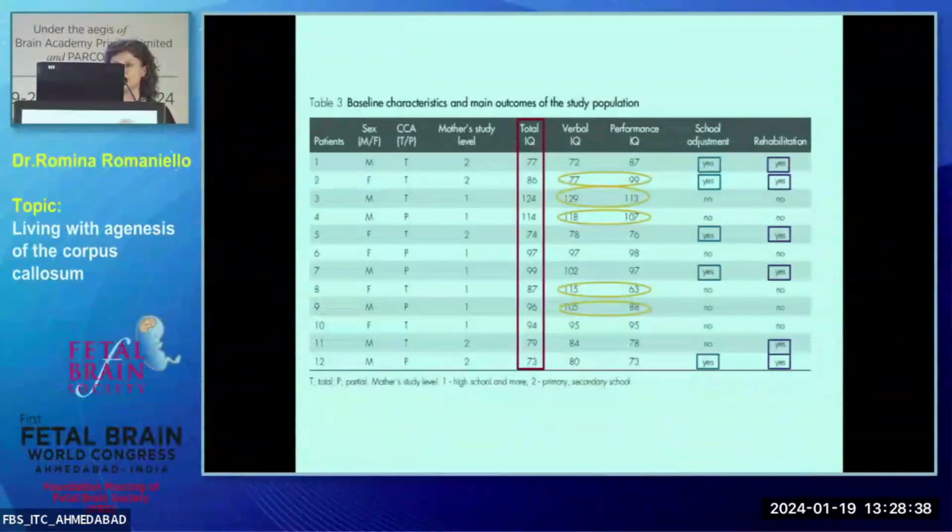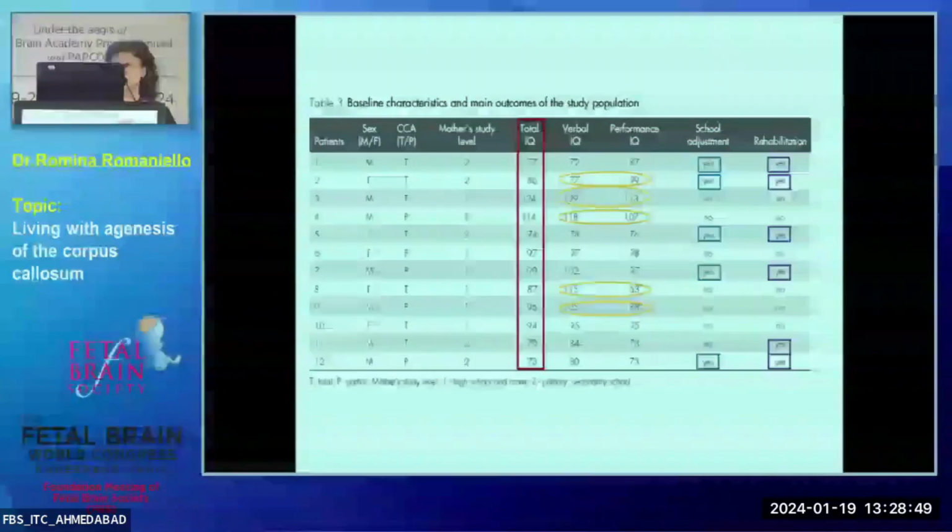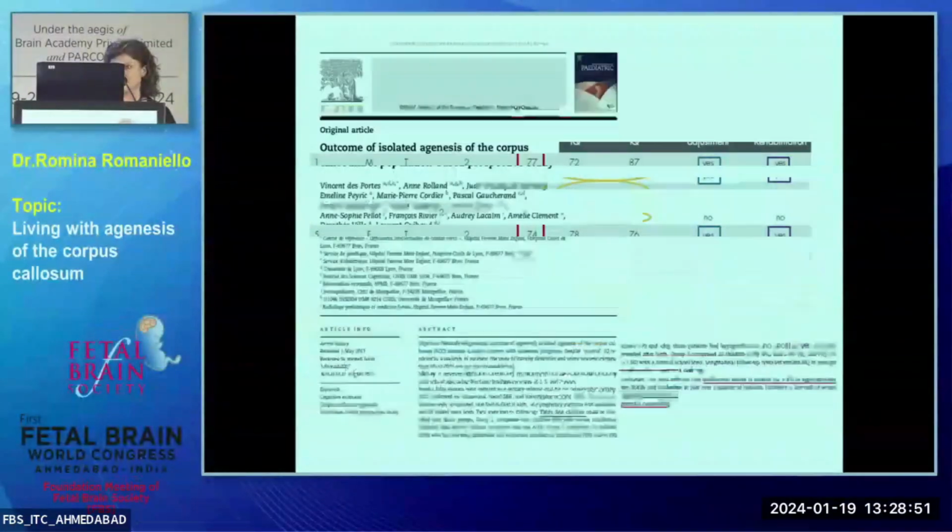And this is the table that explains this. You can see the IQ, the verbal and performance IQ, school adjustment in 5 subjects, and rehabilitation in 6 subjects.